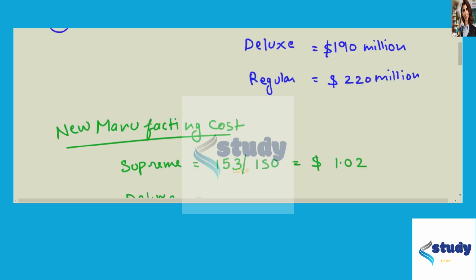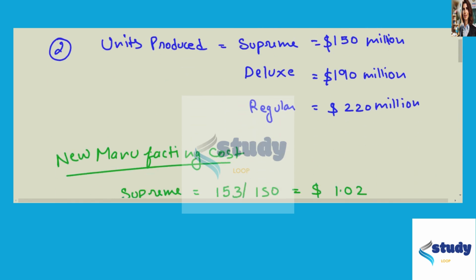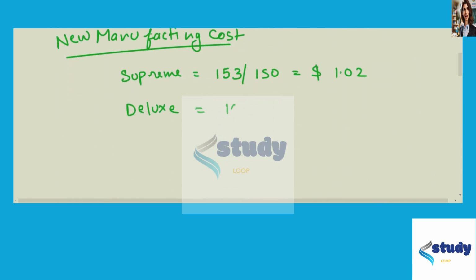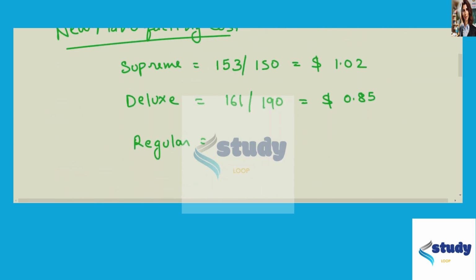In Deluxe, total manufacturing cost is $161 divided by new given units, that is $190, which on solving gives $0.85. And the last is Regular. For this, total manufacturing cost is 92 divided by 220 units, which on solving gives $0.42.